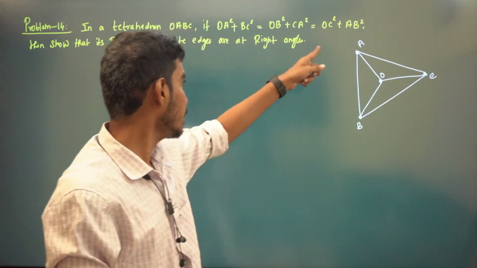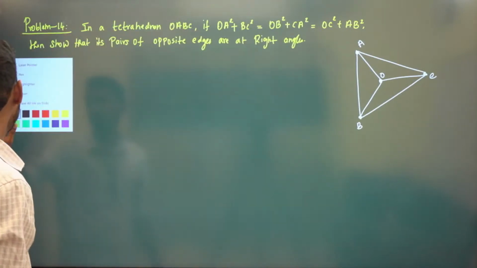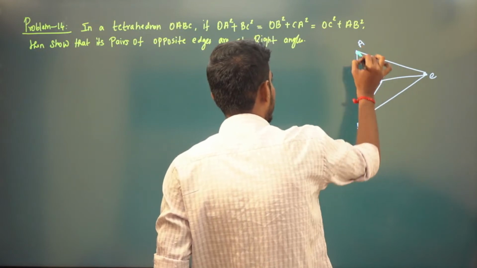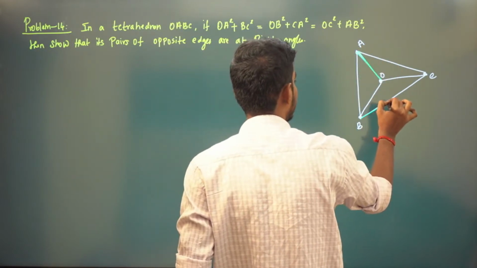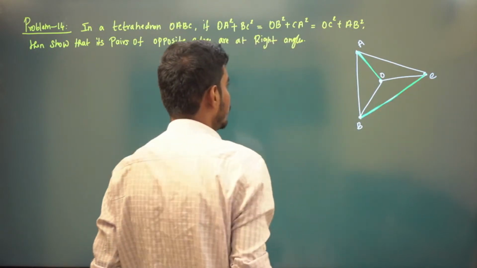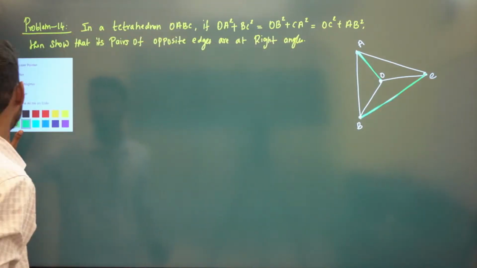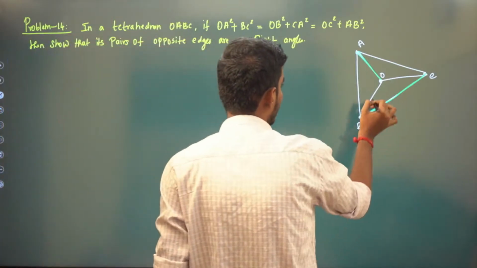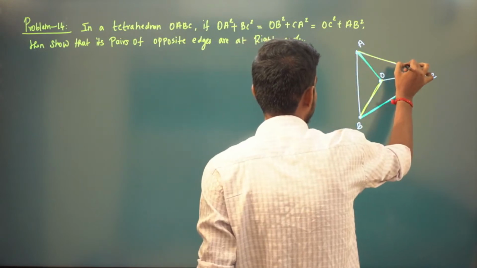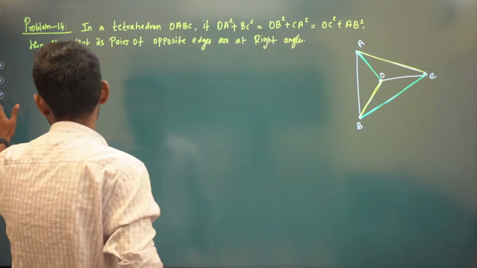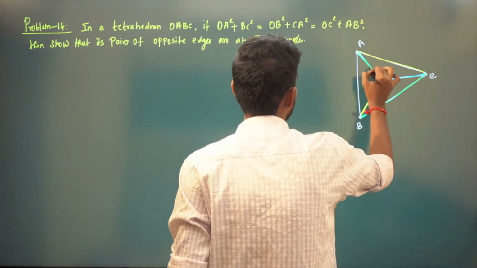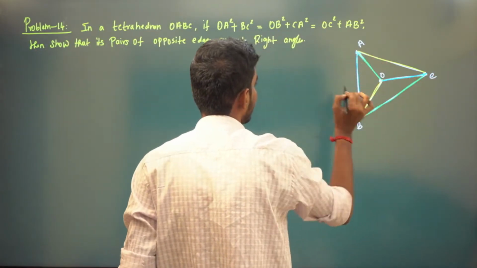But if this happens, then opposite edges will be perpendicular. So we need to prove three things. We need to prove OA is perpendicular to BC, and we need to prove OB is perpendicular to AC, second thing. And the third thing we need to prove is OC is perpendicular to AB.